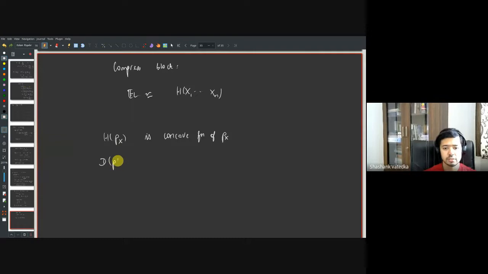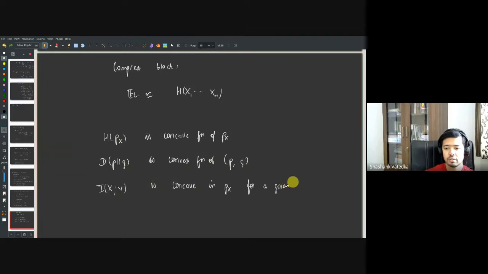The KL divergence is a convex function of the pair P comma Q, and the mutual information has the following interesting property, that this is concave in Px for a given Py given x.